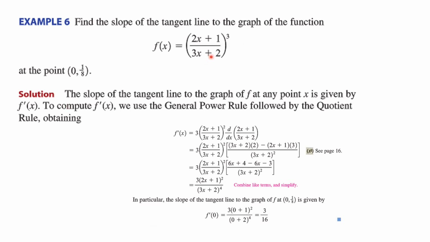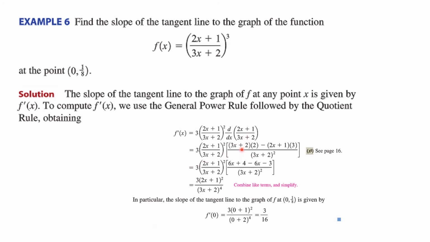Okay, so you're going to be having the outer function is something being cubed. The inner function, though, is the quotient. So this time we're using the quotient rule. Okay, so the derivative of this is going to be 3, that business, squared, times the derivative of that business. So it's 3, that squared. But then this is a quotient rule.